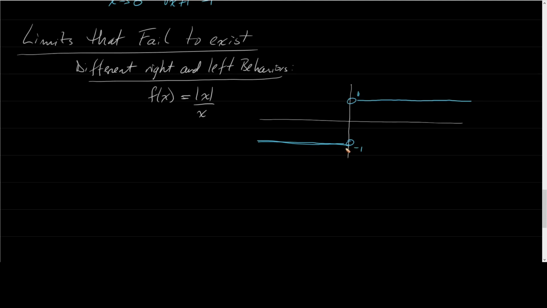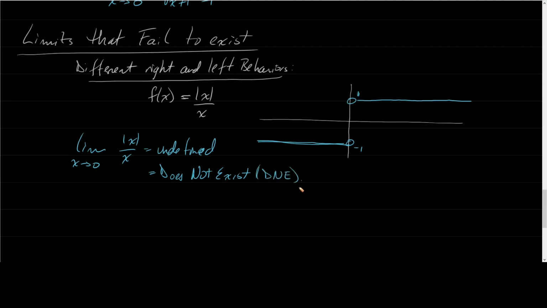It's staying at the height of -1. From the right, what's the function doing? It's staying at the height of +1. So in there, they are not equal to each other. So what we can say here is that the limit as x approaches 0 of the absolute value of x over x, our function, is undefined. Or we could also say does not exist. We normally abbreviate that as DNE, does not exist.